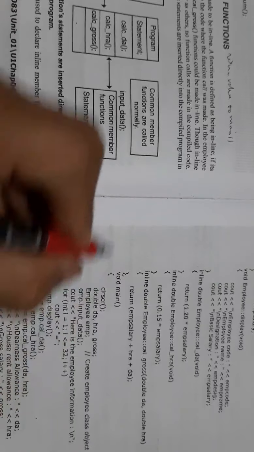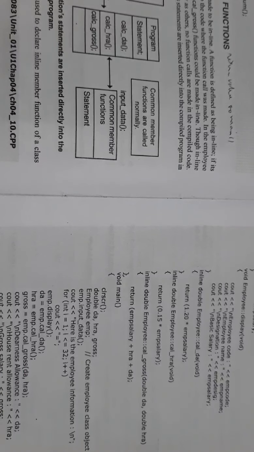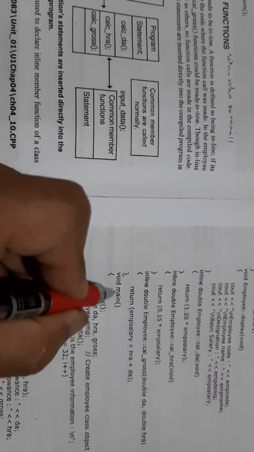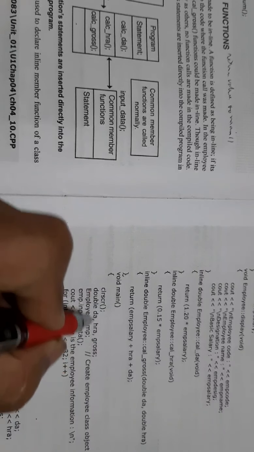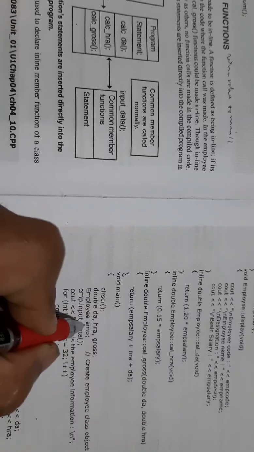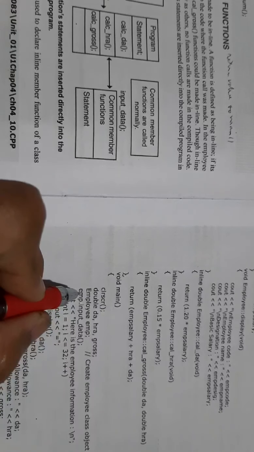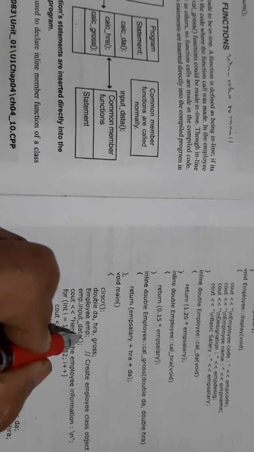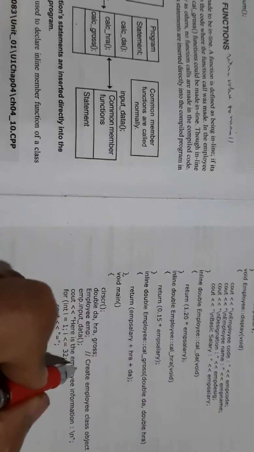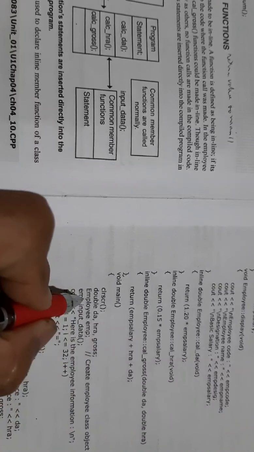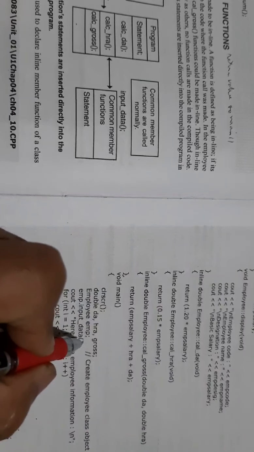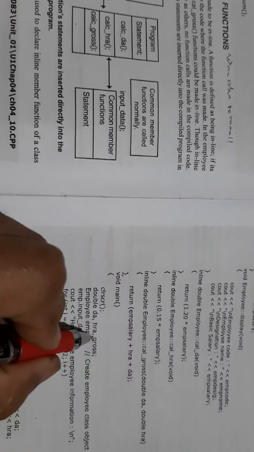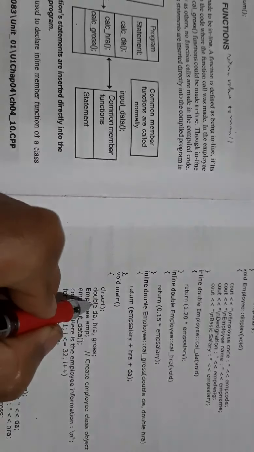In the rest of the programs which you have come across, you will not see variables being declared in the main function, except that the object is declared using the class name, and then the object directly initializes the data members, like emp code equals 100, or you can see the object accessing the member functions. But here you see that three variables are being declared. Why?